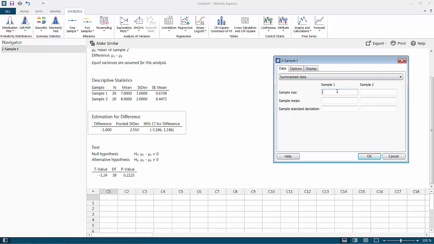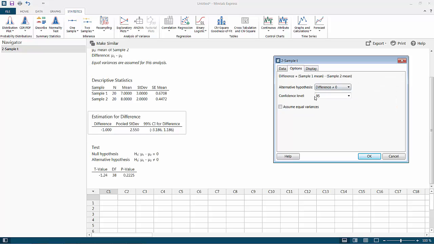So I will go to summarized data. Sample size is 20 and 20. For the means, sample 1 is 7 and sample 2 is 8. The sample standard deviations are 3, 2, and in options we have a 95% confidence interval and assume equal variances.